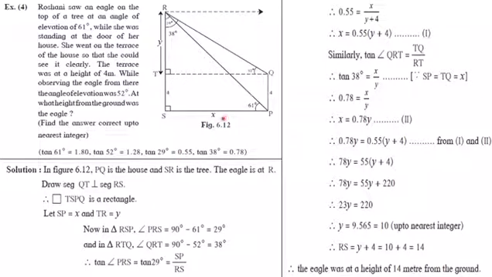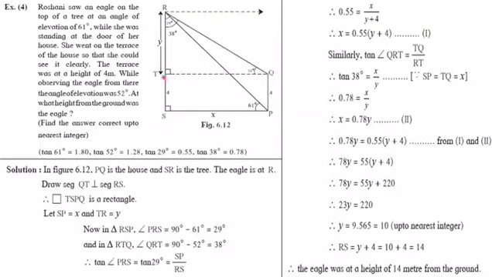PQ is the house. See, building perpendicular to the ground. So this angle is 90 degrees. SR is the tree. Eagle is at position R. Draw QT, observe, perpendicular to RS.